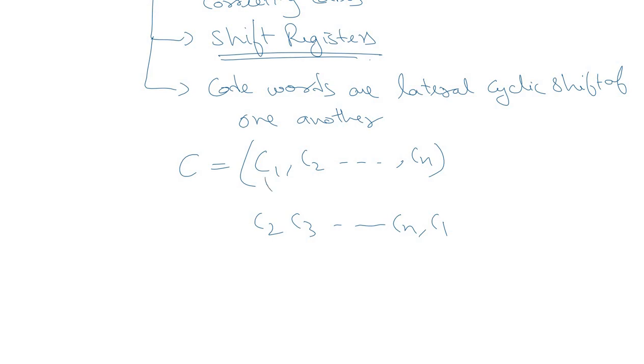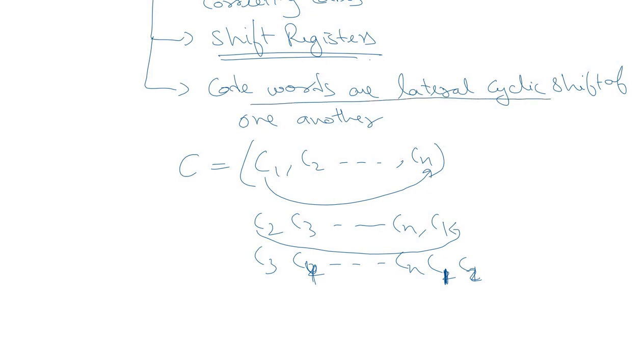We are just giving a cyclic shift. Similarly, C3, C4, up to C1, C2 will also be a code word. So code words in case of cyclic codes are lateral cyclic shifts of one another, and all these can act as code words.